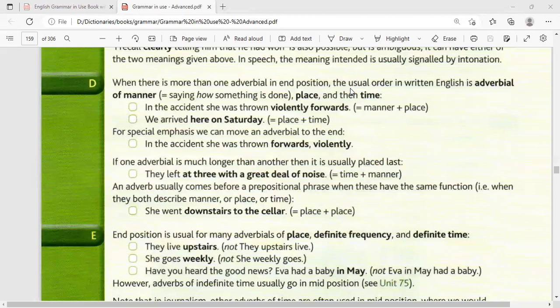Look at this example here. When I say, in the accident, she was thrown violently forward. So violently here, which kind of adverb is violently, Hannah?